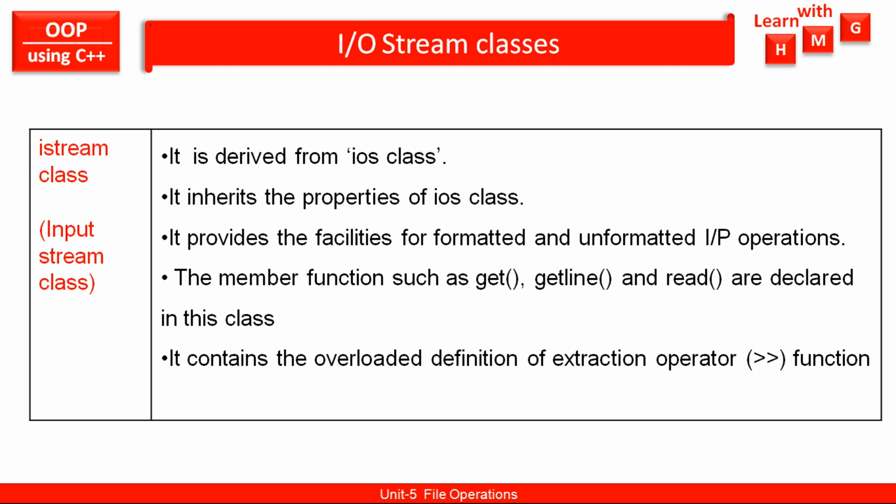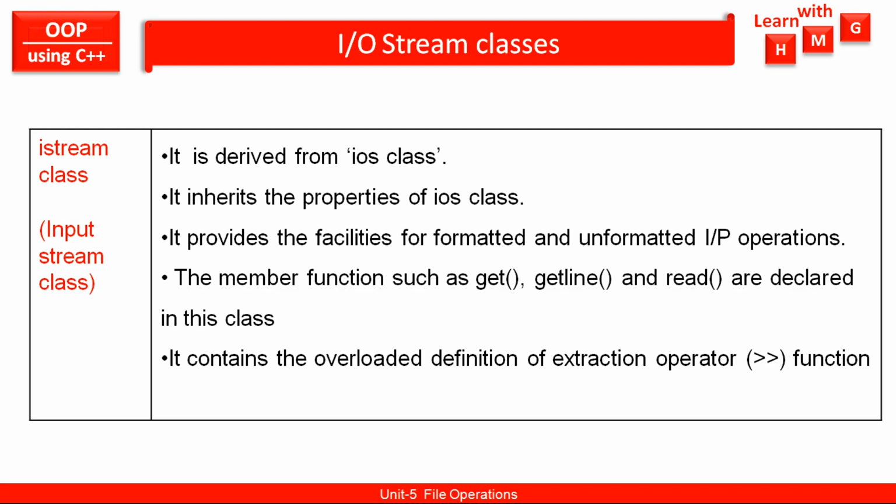The next class is the iStream class, that is the input stream class. It is derived from the iOS class, so obviously it inherits the properties of the iOS class. It provides the basic facilities for formatted and unformatted input operations. So basically this class is defined for input operations. Member functions like get, getline and read are declared in this class.